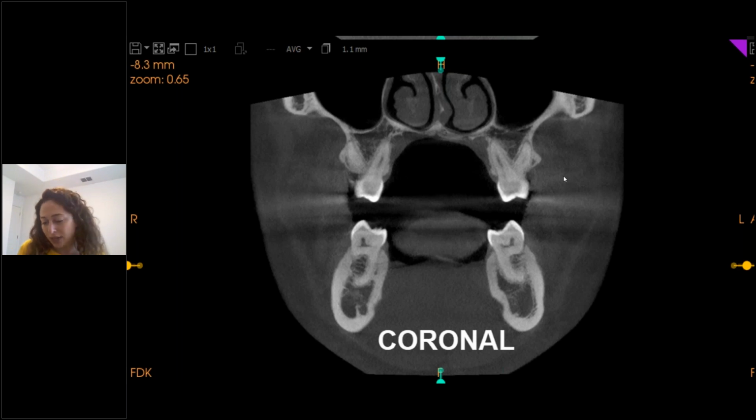So we look at the cortical plate, at the medullary bone, at the teeth, and step by step rule out any sign of interruption of the cortex, variation in the medullary bone pattern, changes in PDL, calcification, resorption, lesions, bone loss. So you can step by step go through each one of these structures.